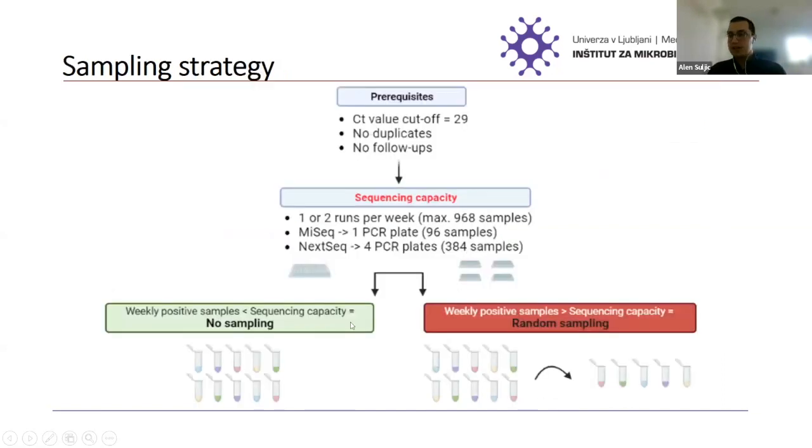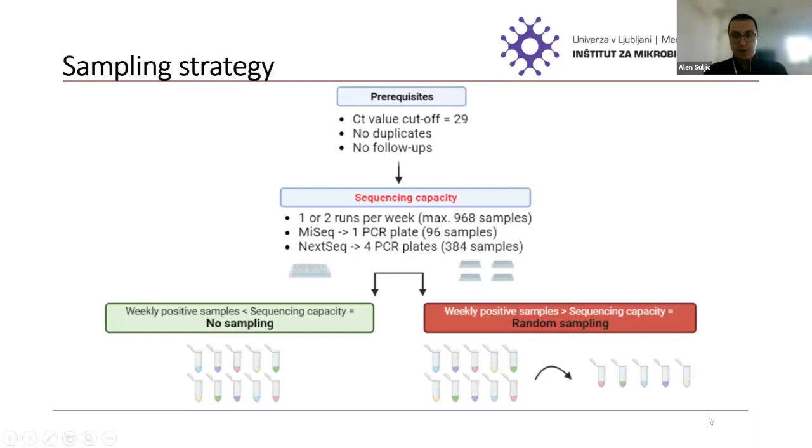So the overall sampling strategy for the routine complete genome sequencing consisted of removal of low viral loads, duplicate and follow-up samples. Samples were considered duplicates if they belonged to the same individual who already tested positive in each week.